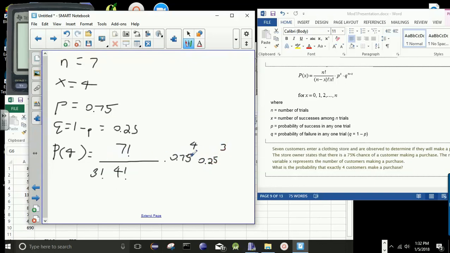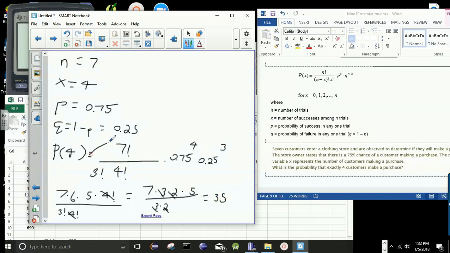So we need a calculator to solve this. Now 7 factorial, of course, is 7 times 6 times 5 times 4 factorial over 3 factorial, 4 factorial. So these 4 factorials cancel. So 7 times 6, and 6 is 3 times 2, and 3 factorial is 3 times 2, so that cancels. So we're left with 35. This number right here is 35.